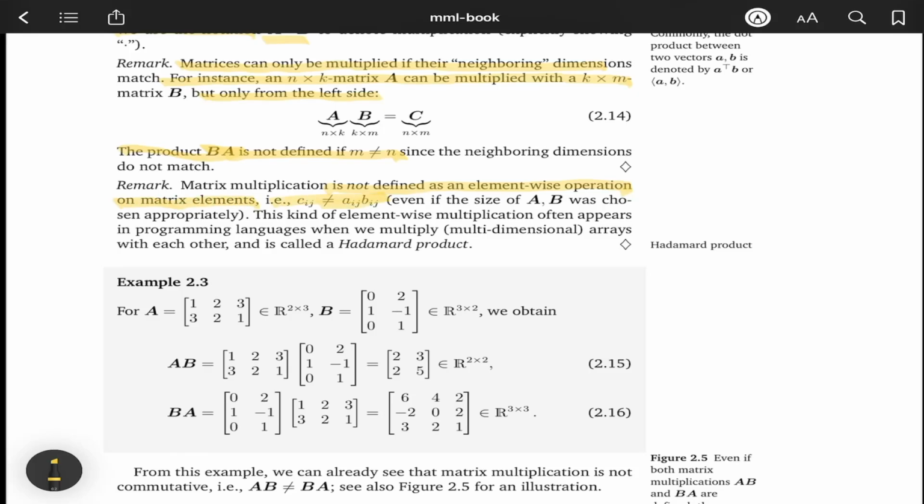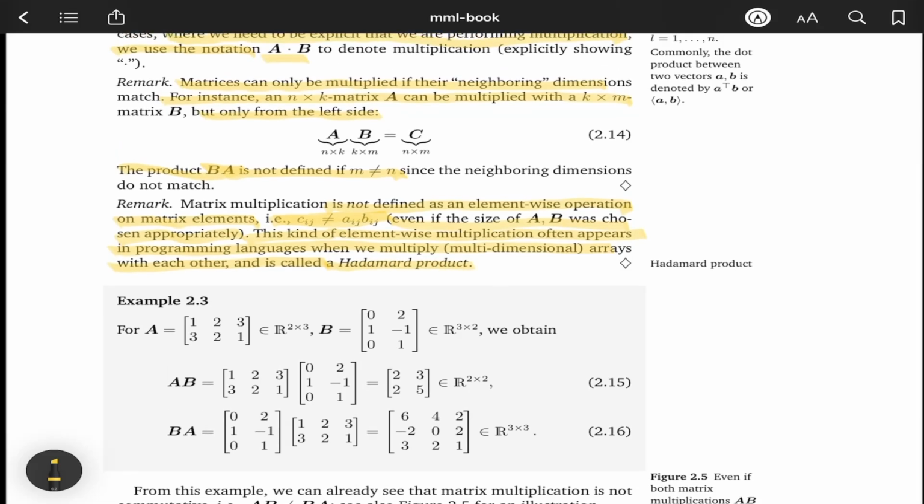Remark: matrix multiplication is not defined as an element-wise operation on matrix elements. So it's not just that we take the elements, like in the case of an addition, and just multiply them, like we punch the holes, if you want so. Even if the sizes of A and B were chosen appropriately, it's not. This kind of element-wise multiplication often appears in programming languages when we multiply multi-dimensional arrays with each other, and we call that a Hadamard product.